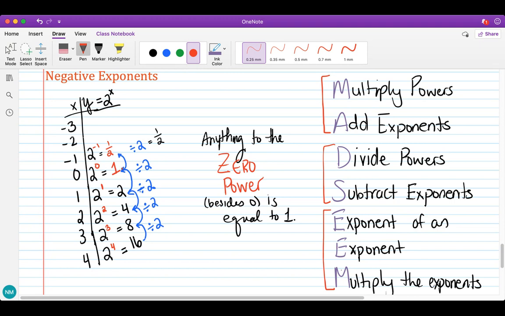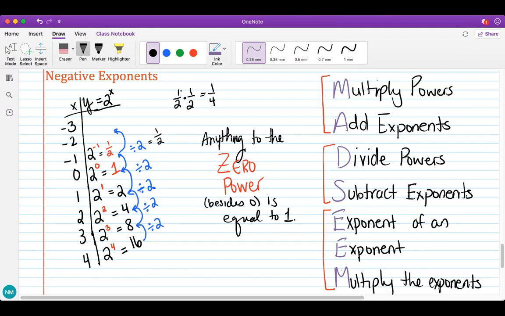Now, what if I divide it again by 2? Well, 1/2 divided by 2, dividing by 2 is the same thing as multiplying by 1 over 2. So this is 1/4, which makes sense. Half of a half is a fourth, right?